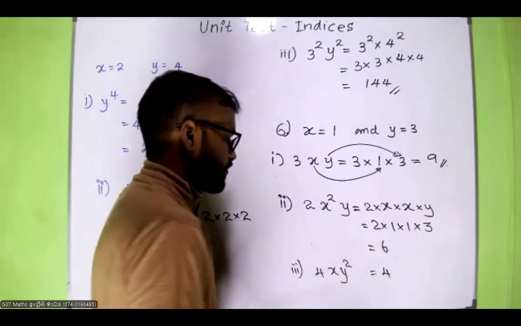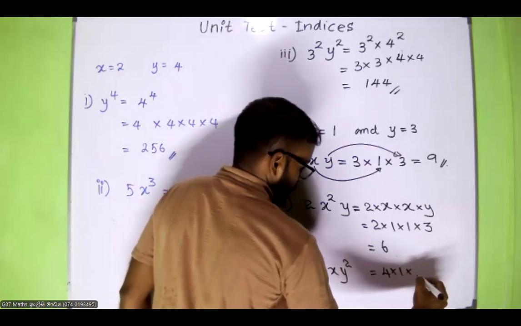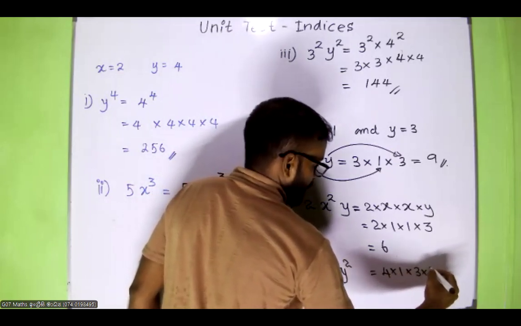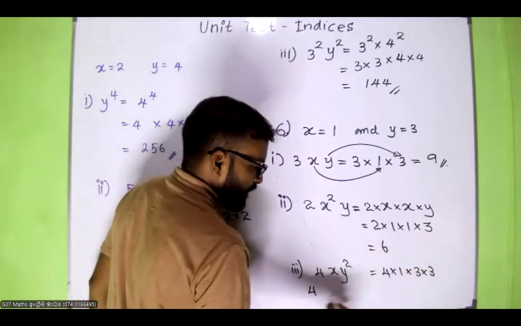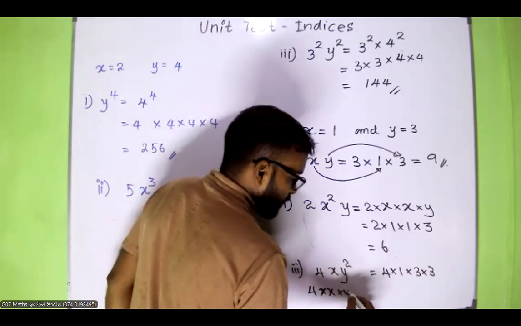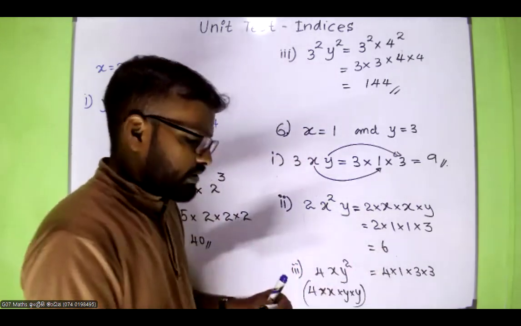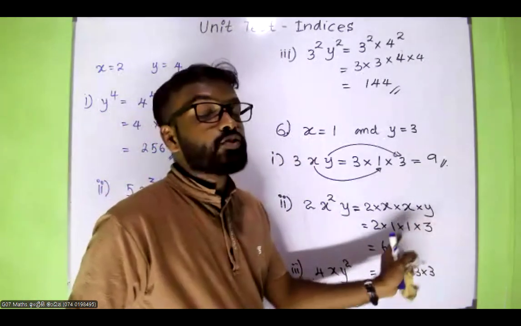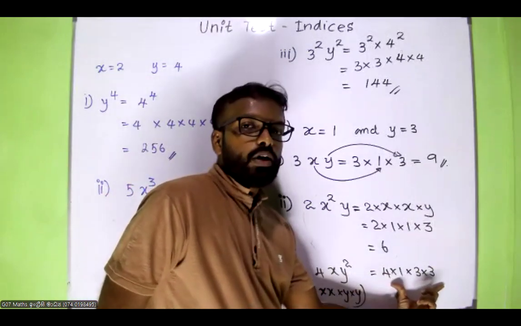Oh, 4 multiplied by 1 multiplied by 3 and multiplied by 3. I was expecting this, but this is correct. Super. Multiply by x, multiply by y, multiply by y. So Senoli has substituted the values as well.